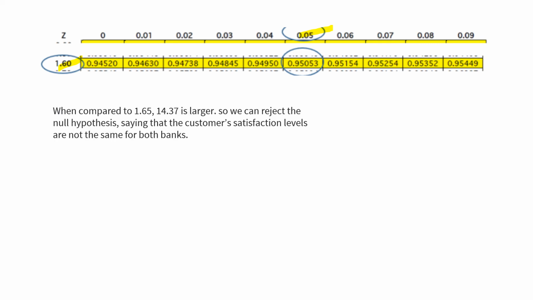So when compared to 1.65, 14.37, which is the Z value that we found, is much larger. So we can reject the null hypothesis, saying that the customer satisfaction levels are not the same for both the banks.